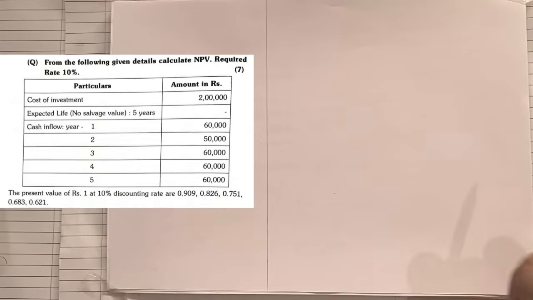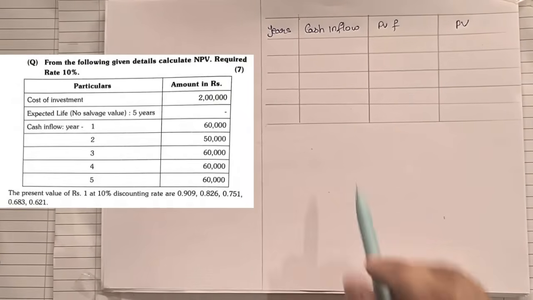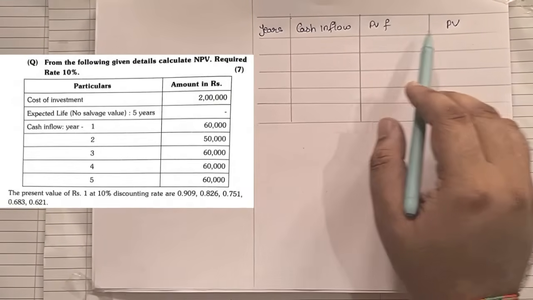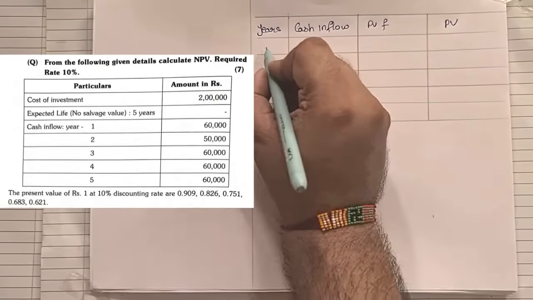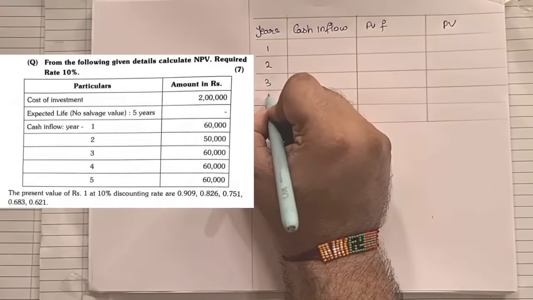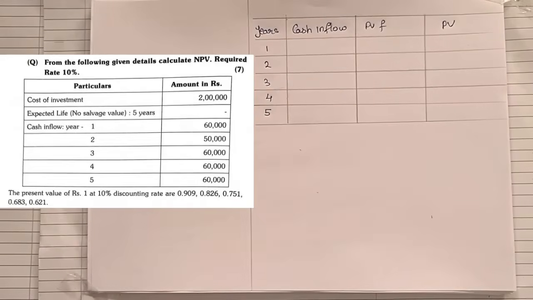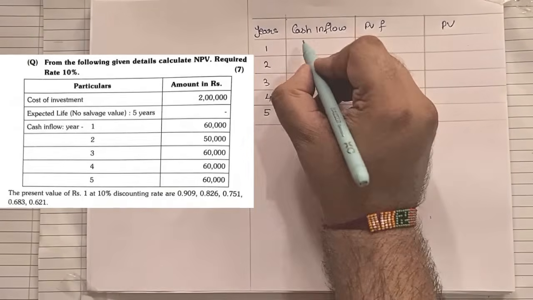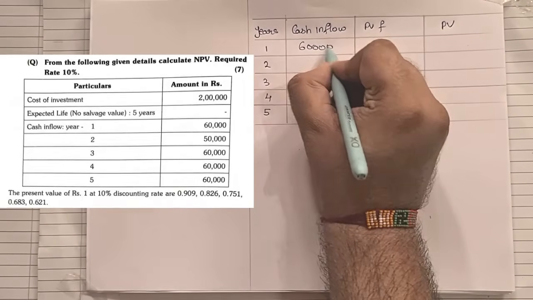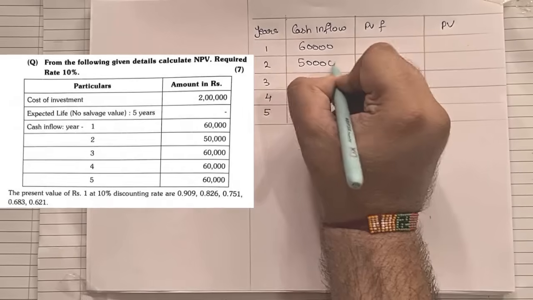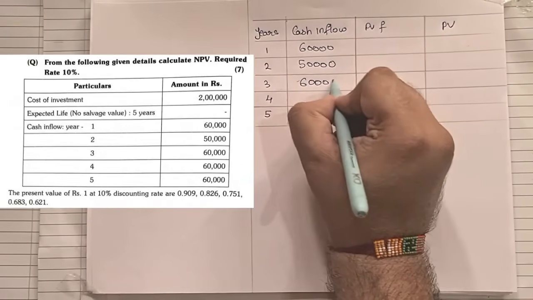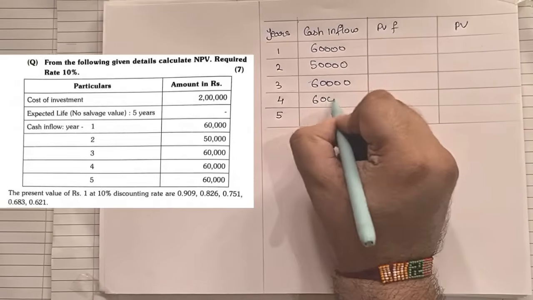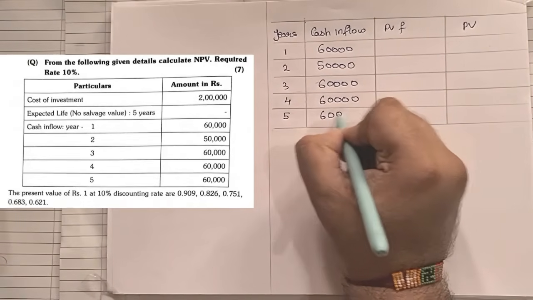So now for that I will first create a table and then we'll see how to go about the sum. Okay, now this is the table that is required: years, cash inflow, PVF, that is PV factor, and PV. Under years, we'll write 1, 2, 3, 4, 5 because 5 years are given. In cash inflow, we'll write the values given to us: 60,000, 50,000, again 60,000, again 60,000, and lastly again 60,000.